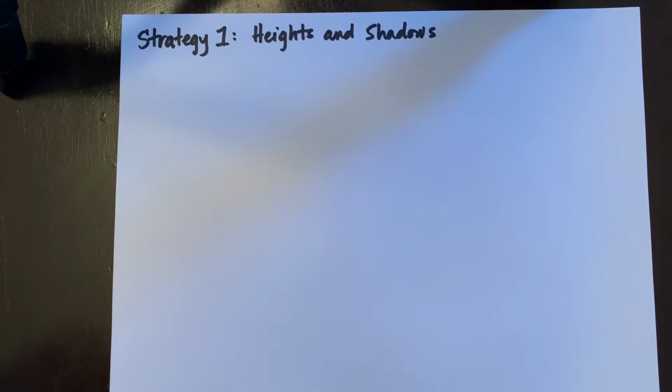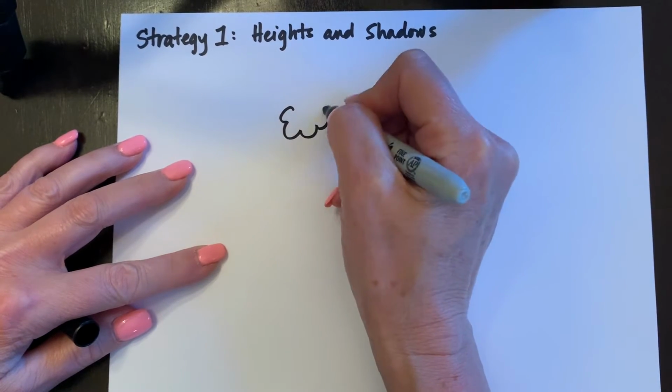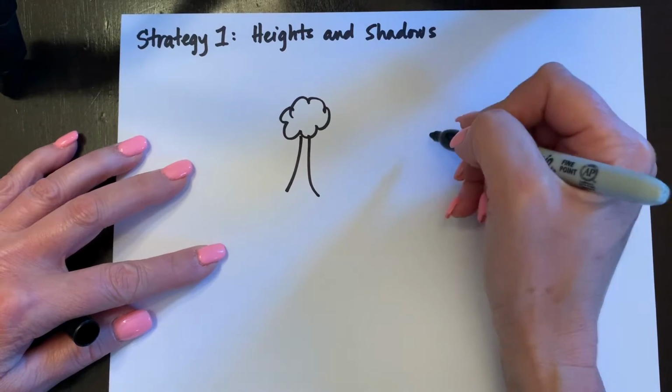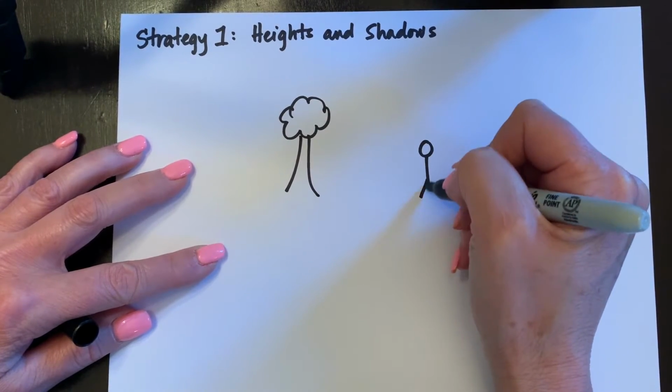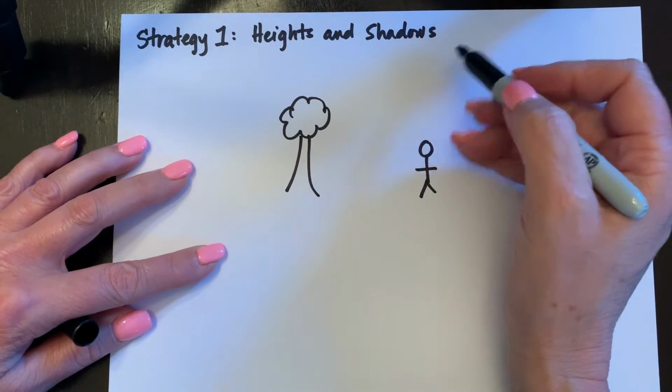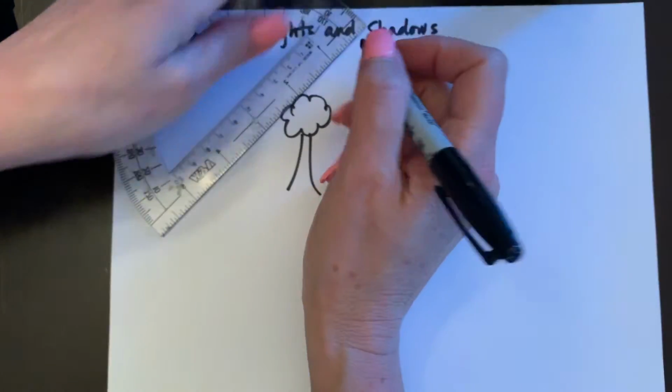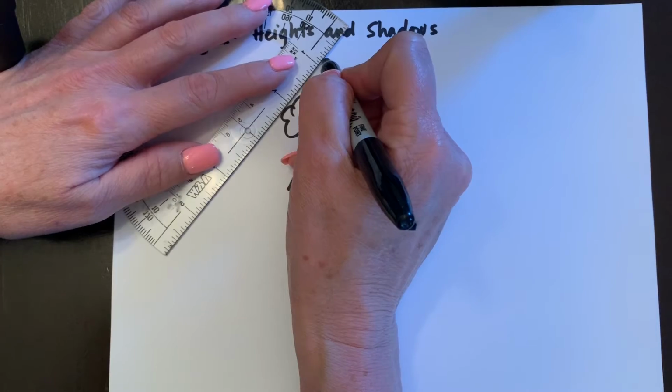Let's take a look at our first strategy using heights and shadows. So if you recall, we have our orange tree, and our goal is to figure out the height of that orange tree. And so we had my daughter go stand in the lawn while the sun's rays were shining down on both her and the tree.